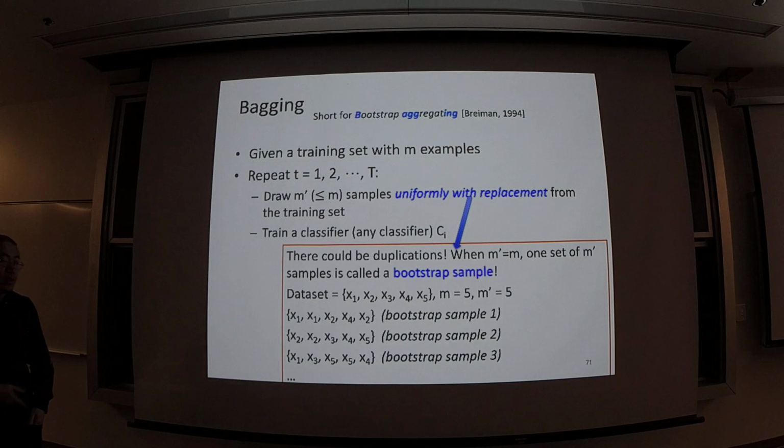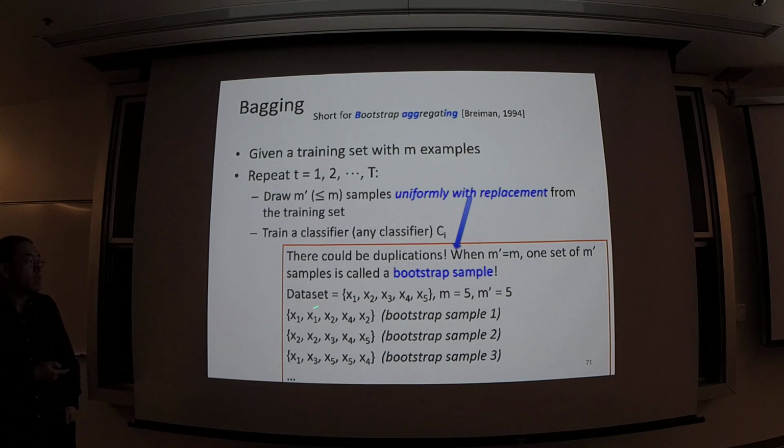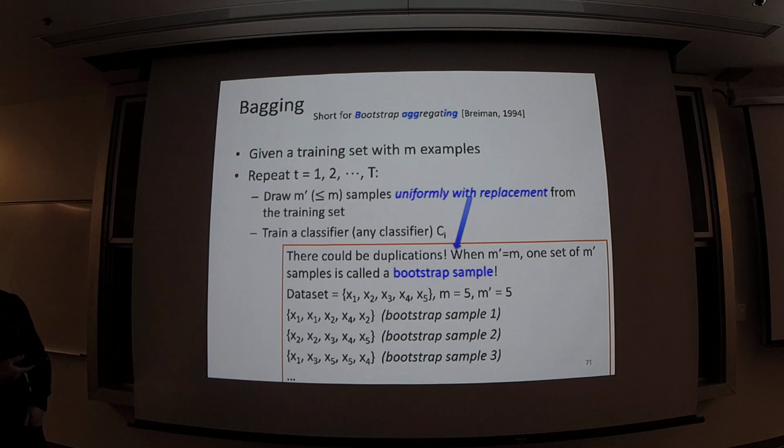So here's the example we mentioned in the last lecture. The original has 5 distinct training examples, but by using uniform sampling with replacement, we got 3 subsets, and each one is actually not a subset, it's 3 sets. Each sample set contains duplicated samples, right? X1, X2, or both X1 and X2.